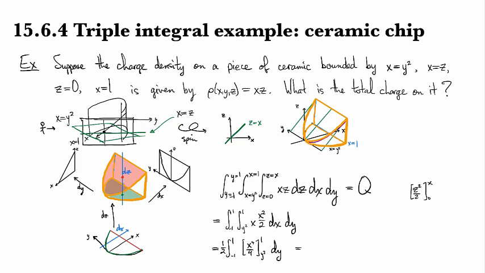And so we've got 1/8 of the integral from minus 1 to 1 of 1 minus y to the 8th, and integrating this gives me 2/9, and there's your answer.